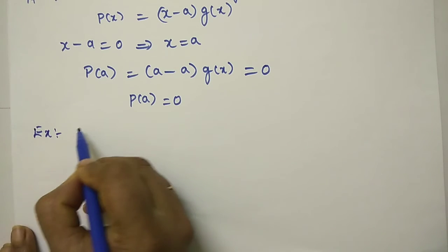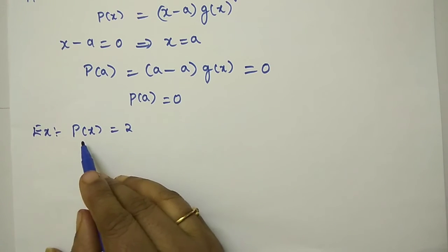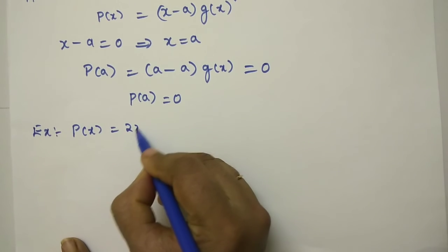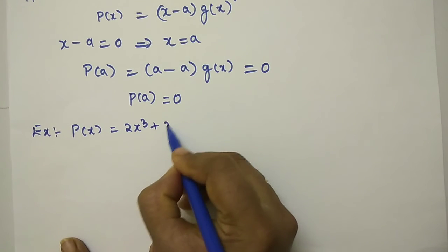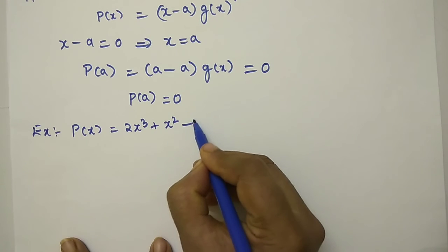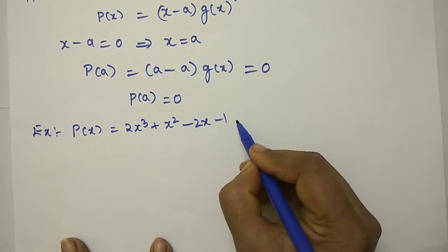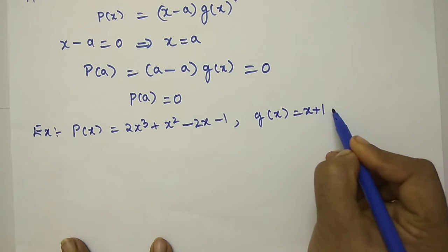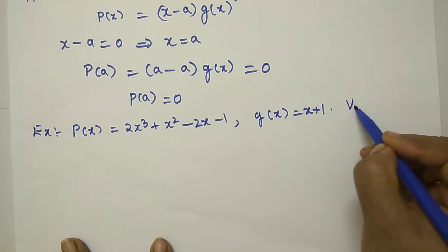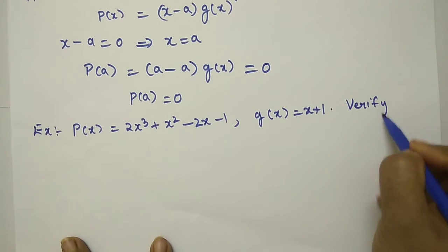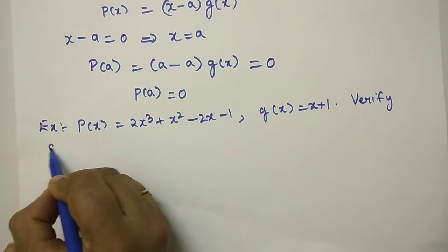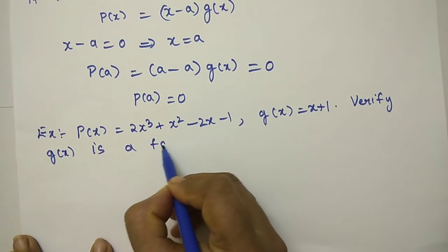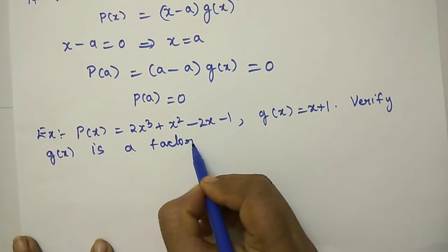Example: suppose P of x is given as P of x is equal to 2x cube plus x square minus 2x minus 1, and g of x is equal to x plus 1. And if they ask us to verify whether g of x is a factor of P of x.